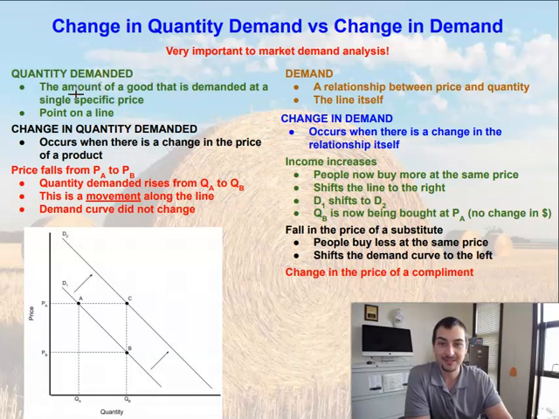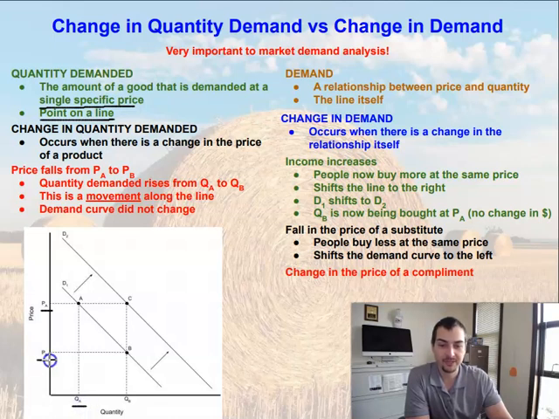Quantity demanded, QD, is the amount of a good that is demanded at a single specific price. It is a point on that line. So at point A, and I'm going to reference this graph down here, at price A we demand quantity QA.